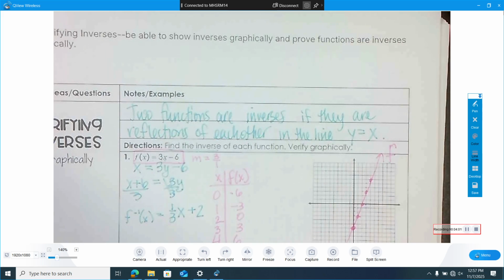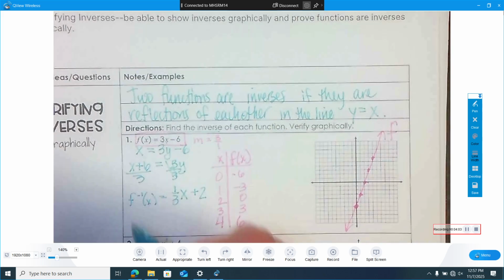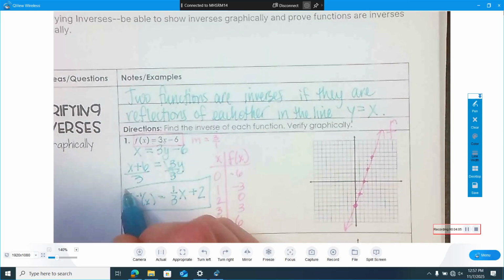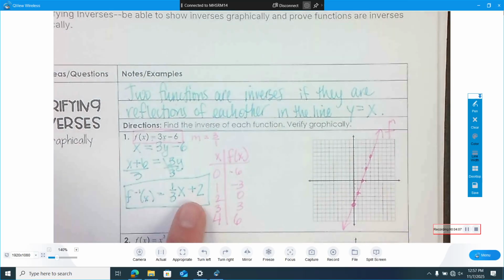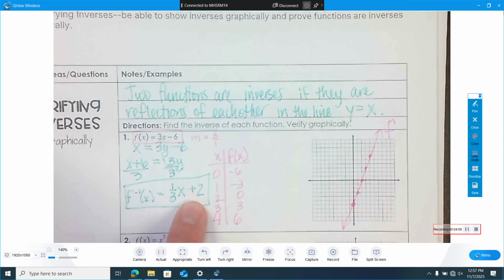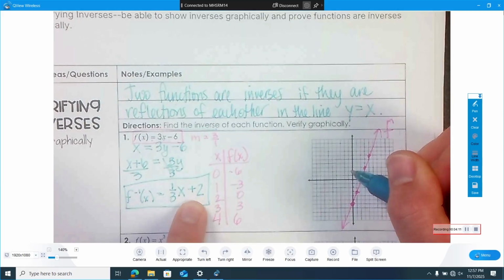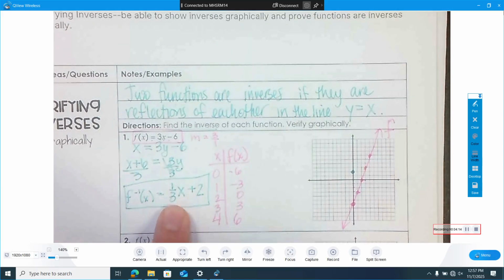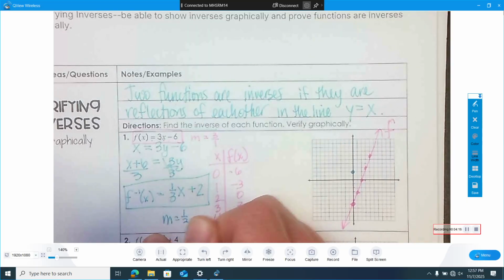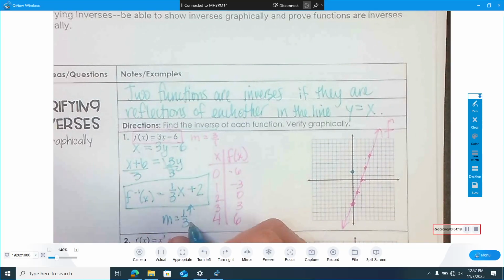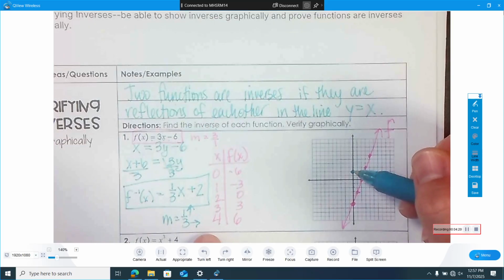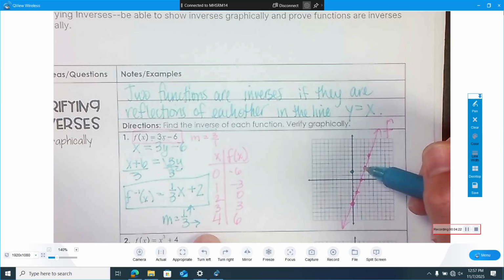Okay, so now I'm also going to graph my inverse function and just see what this looks like. So my inverse function starts at 2, and the slope is 1/3, so that's going to go up 1 and right 3. Oh, look at that.